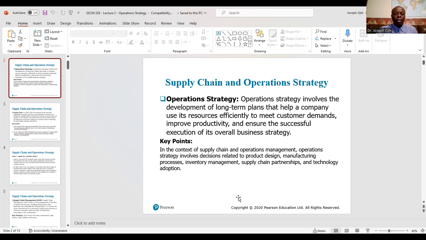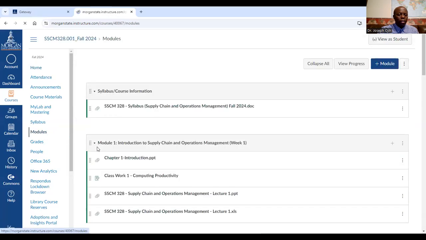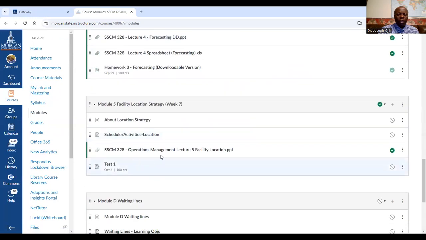It's going to be located in this module. I haven't put the questions yet, but it's going to be here, Test 1. So I'll make it available tomorrow after I finish making the test.